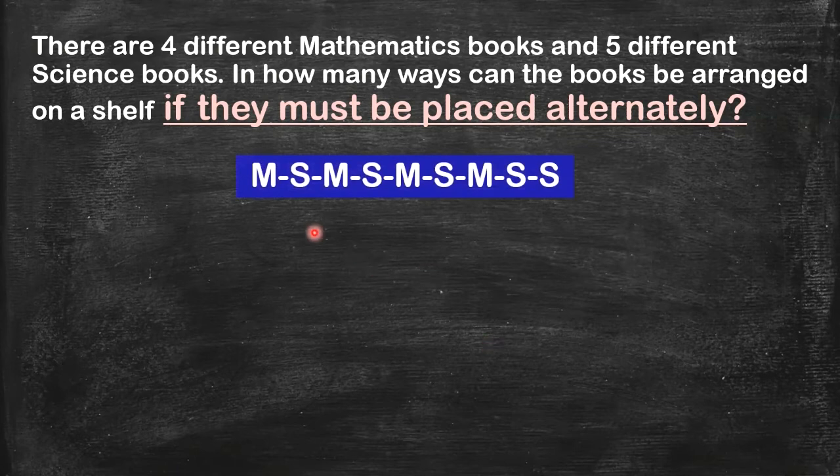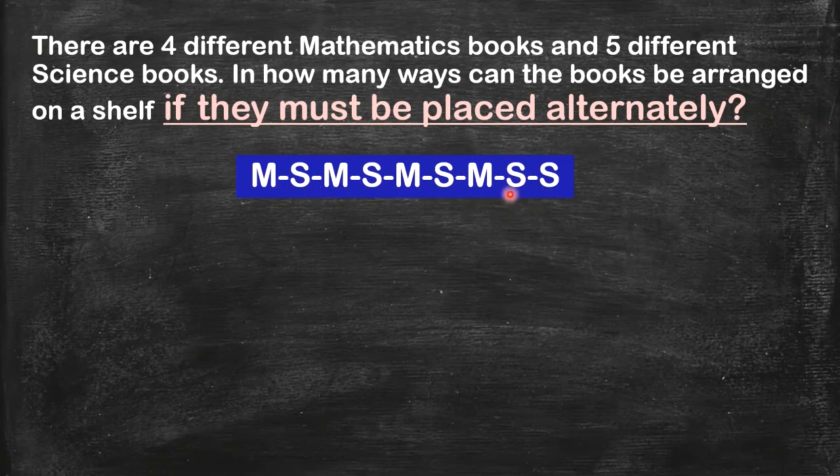Kapag inuna natin ang math, we're going to have math, science, math, science, math, science, math, science, tapos science book na ulit. Why? Because we only have 4 different math books. So, ubos na by this time. Pero meron tayong 5 different science books. Ayan o, 1, 2, 3, 4, 5.